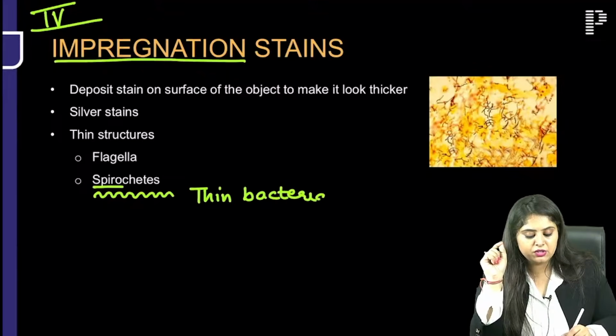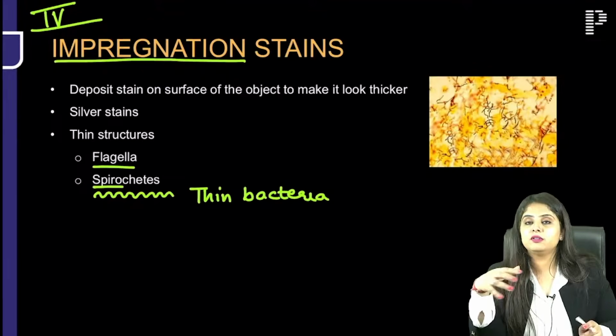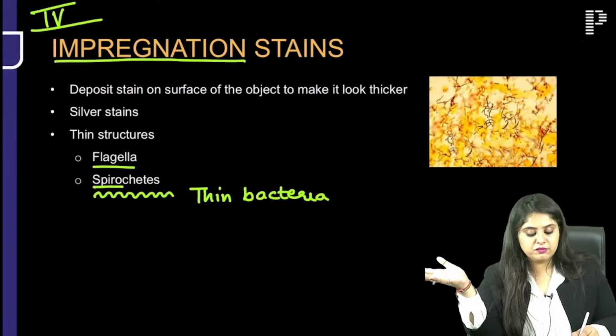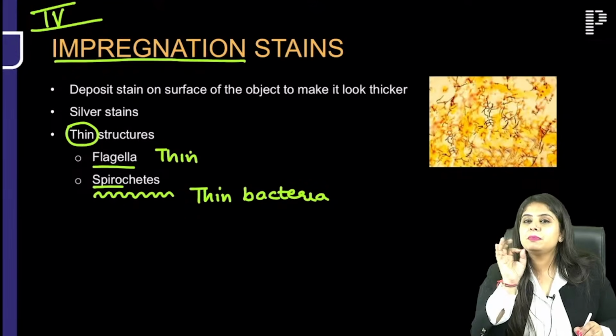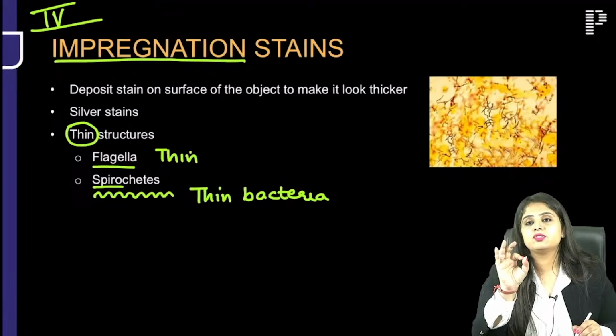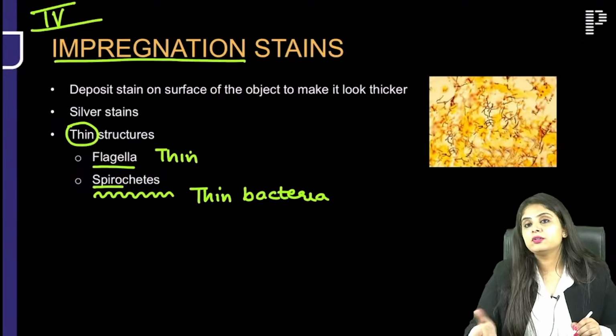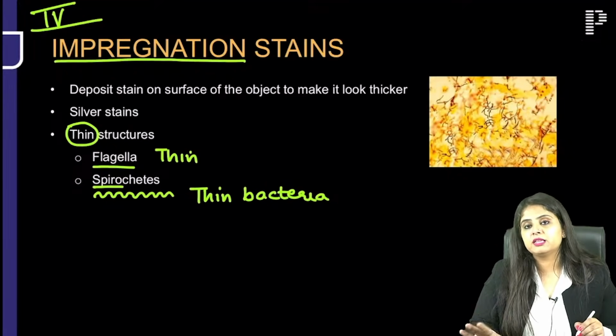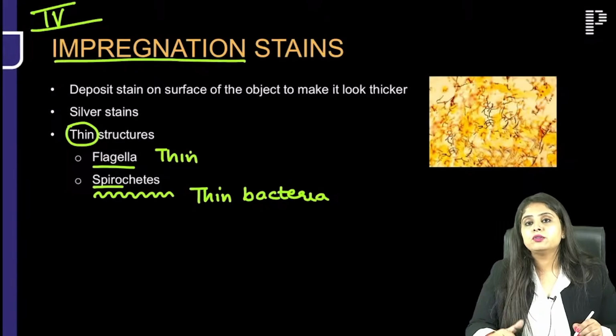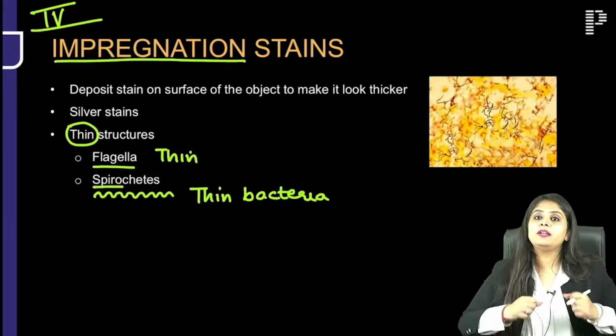Similarly, there is another structure called flagella. Flagella is what bacteria move with. Flagella is also very thin. Whenever you have a very patla sa structure, a very thin structure, chances are that under the microscope you can't see it. Ma'am, it is so patla, it is so thin that under the microscope I couldn't see it. So what did I do? I made it fat.